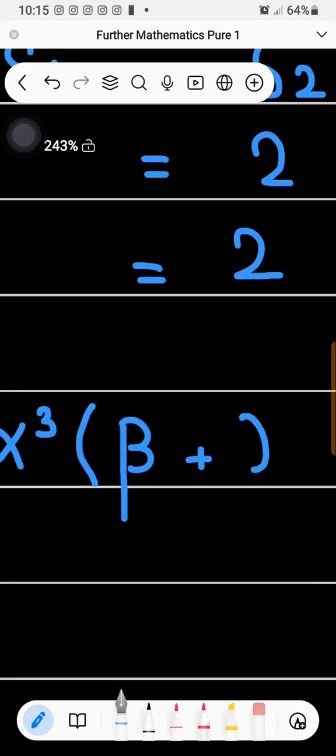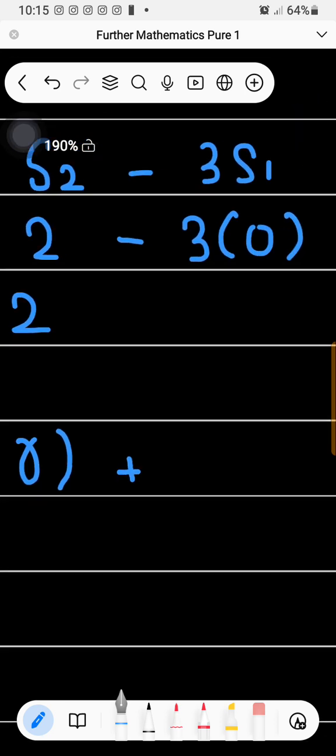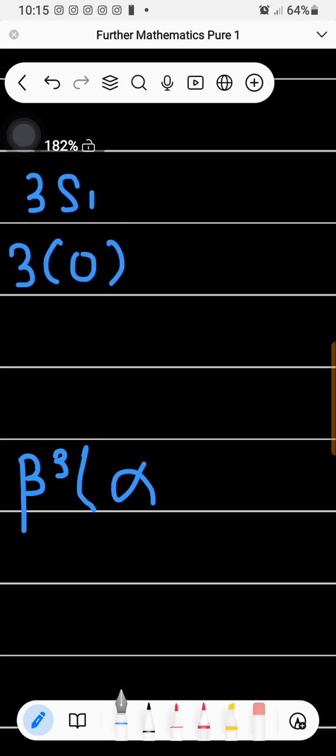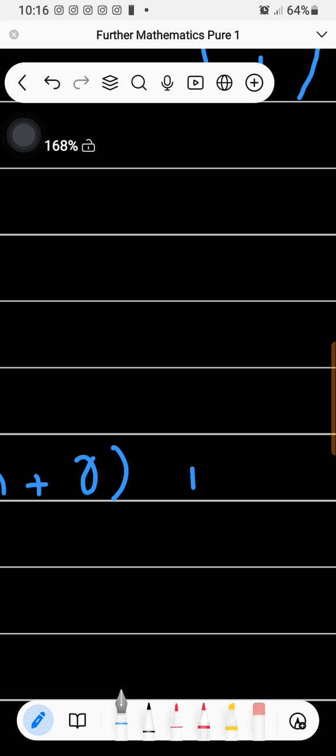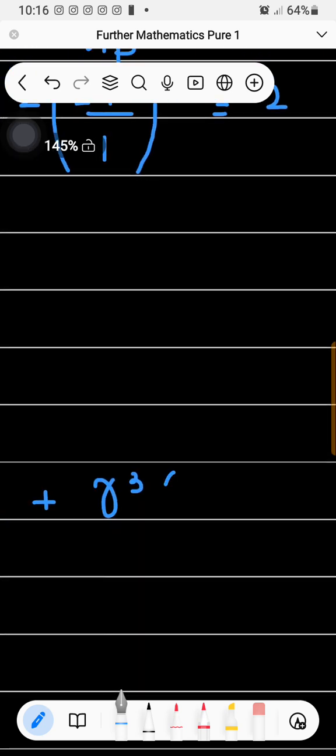There is alpha cube bracket open beta plus gamma, then there is beta cube alpha plus gamma, then there is gamma cube alpha plus beta.